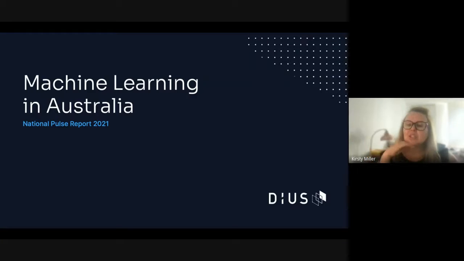But we decided to be evidence-based and gather more information about our hypotheses with some market data. So last year, you can see here the front cover of the machine learning report in Australia. This was the first time that we did it, and we brought together the results from about 200 survey responses from across Australia.